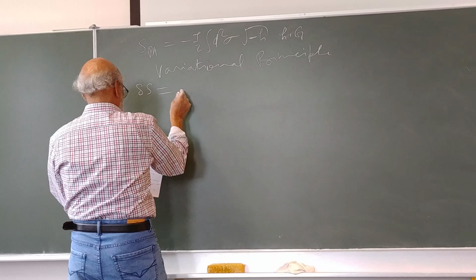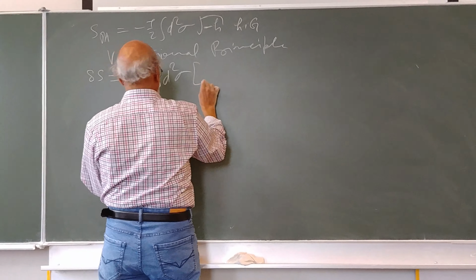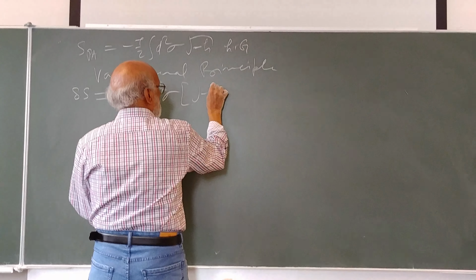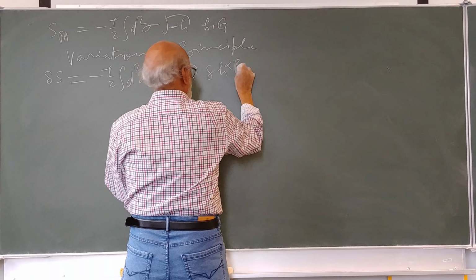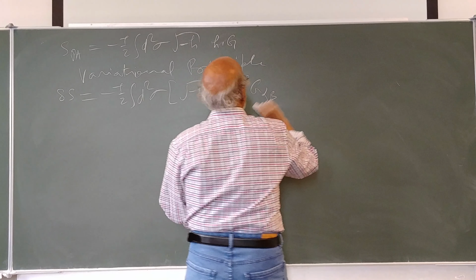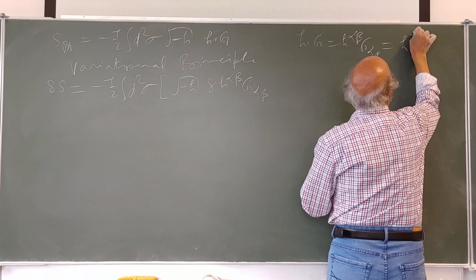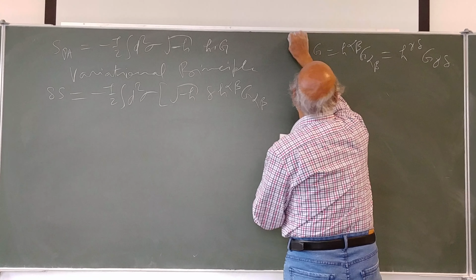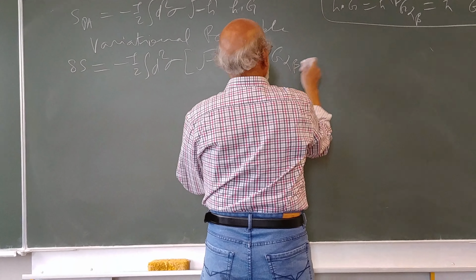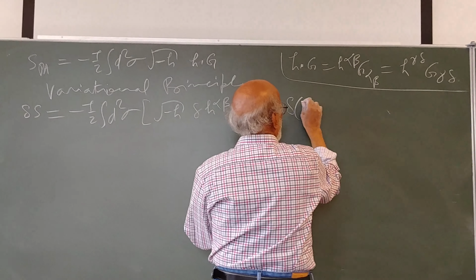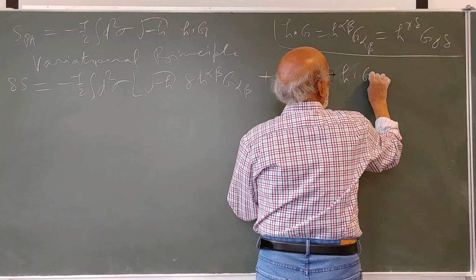So what you have is delta S is minus T by 2 d2 sigma into square root of minus h, this plus, here let me write h dot g.